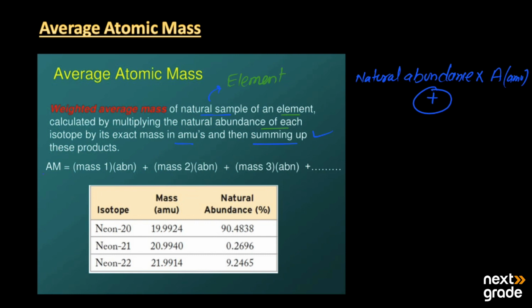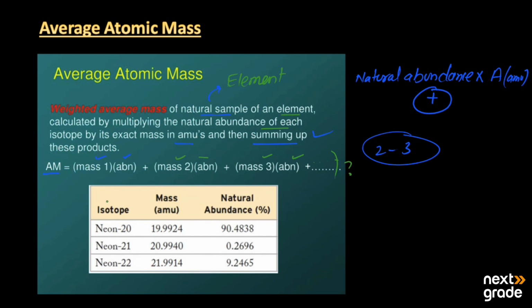So if an element has 2 to 3 isotopes, then the mass of one isotope is multiplied by its relative abundance, plus the mass of the second with its relative abundance, plus the third one and its relative abundance, and so on if we have more isotopes.